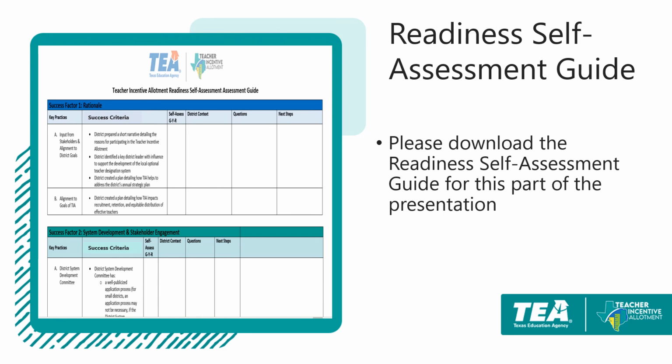Once you have the Readiness Self-Assessment Guide handy, we're going to use it in order to complete our work time. I am going to demonstrate for you via a model how you can use this self-assessment guide in order to craft your district's local context, questions, and next steps for your district.